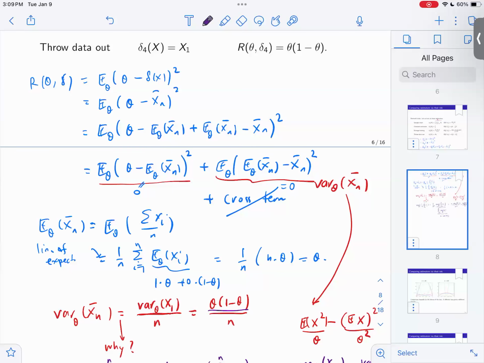Is square loss most commonly used? Depends on the problem, right? For problems like this, where the parameter is continuous, oftentimes it's the most common. For, let's say, a classification problem, like the binary case, this is often not used. 0-1 loss is used, but 0-1 loss is not nice, so other losses are used.